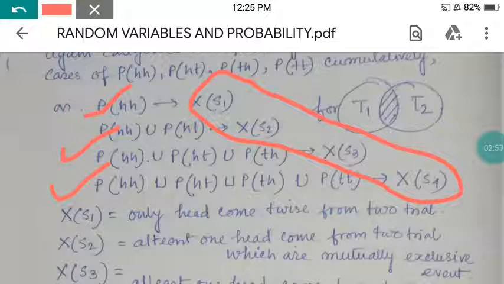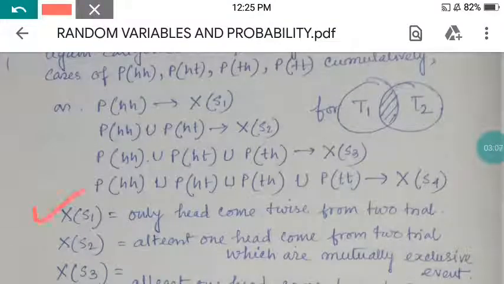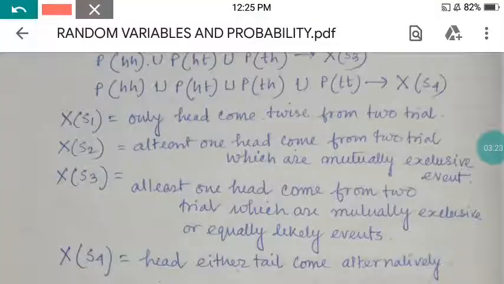Now here I have defined them individually. As you can see, X of S1 means only heads come twice from two trials. What is the second case? X of S2, you can see that X of S2 is at least one head from two trials, which are mutually exclusive events, HH and HT.